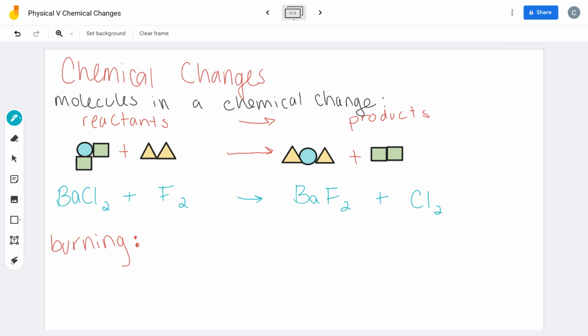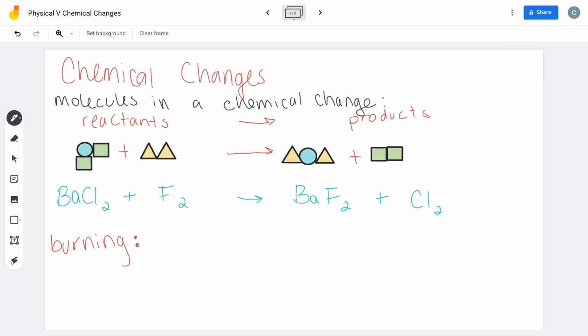So notice in this example, we could use chemicals, but we can also use shapes to represent our chemical changes. And we end up with different molecules than we started out with. And that is one of the key things for a chemical change. In order for it to be a chemical change, you have to be turning your reactant into something else that is entirely different. So another example that we've talked about with this is burning, and that's our most common example.